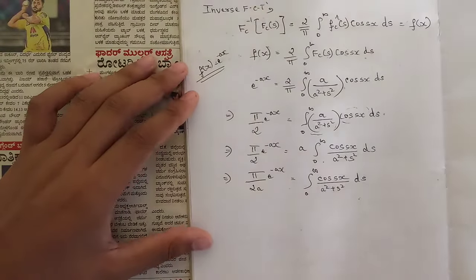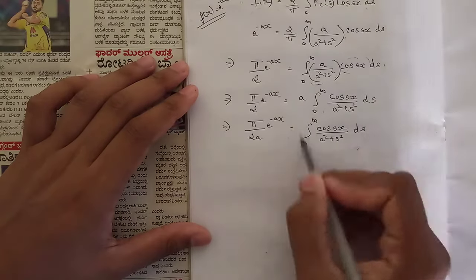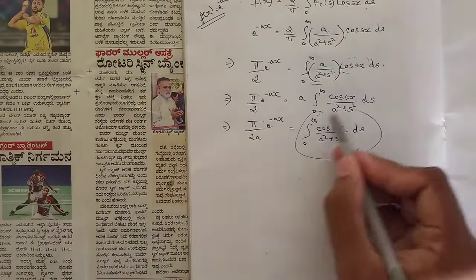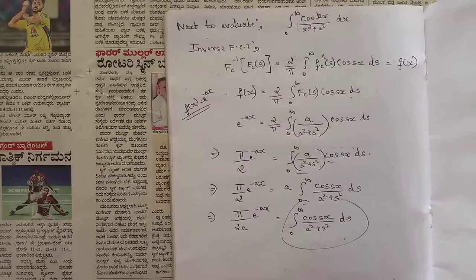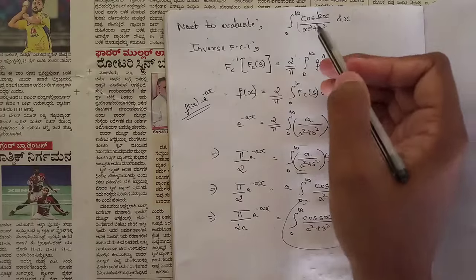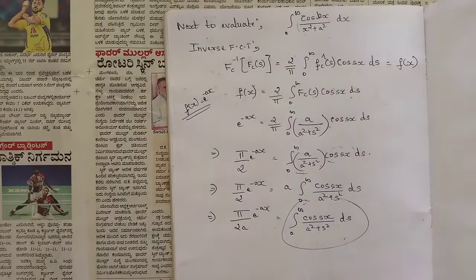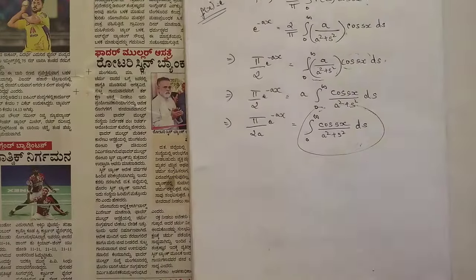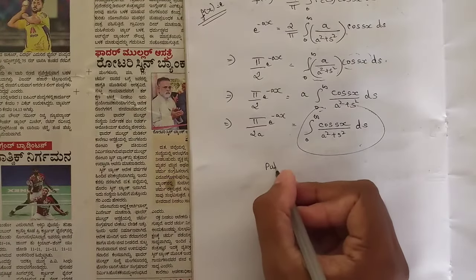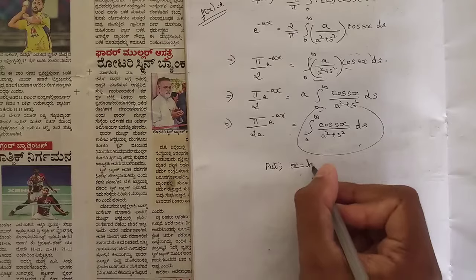Okay, so now we need to make some changes in this equation. In order to evaluate, we need cos kx, right? Cos kx we need, but in the numerator we have cos sx. So now first we are going to replace the value of x: x is equal to k.